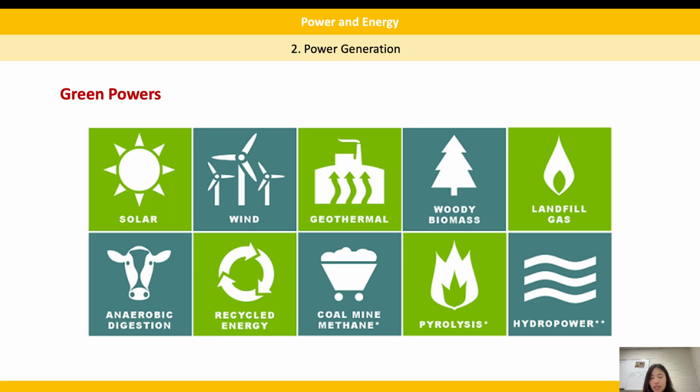Based on the last lecture, we just need to remember the five popular renewable sources: solar, wind, hydropower, geothermal, and biomass. Those are the 5 popular green or renewable power sources.